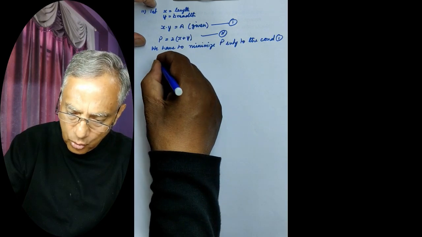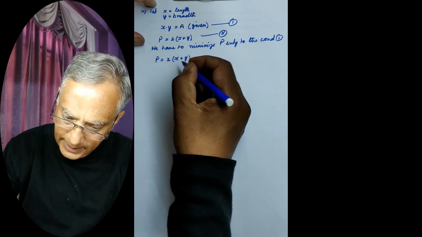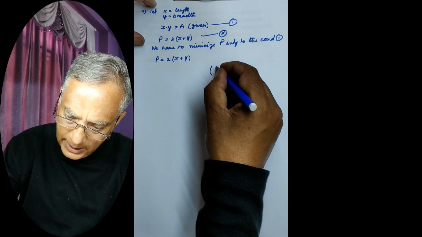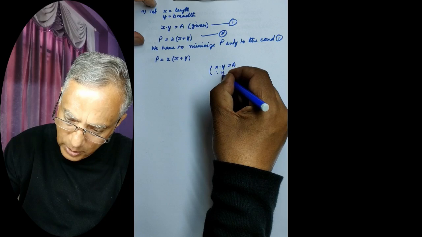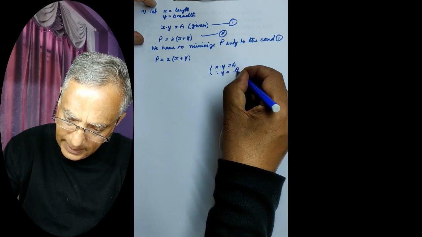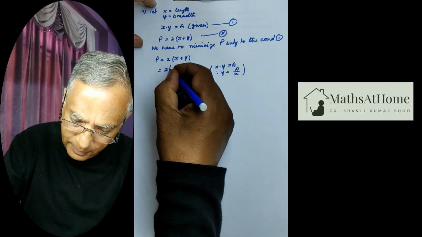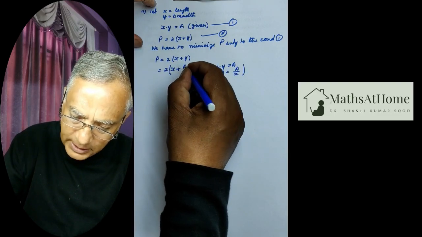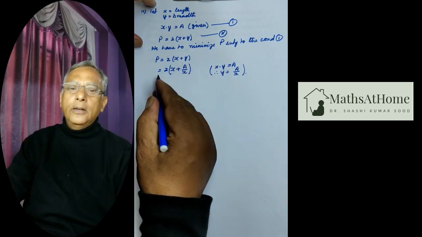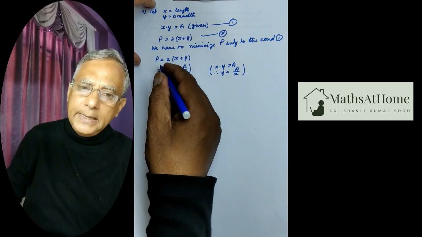P is equal to 2 into x plus y, and x into y is equal to a, and therefore y must be equal to a by x. So p is equal to 2 into x plus a by x. Now this is a function of a single variable, and we proceed as usual.